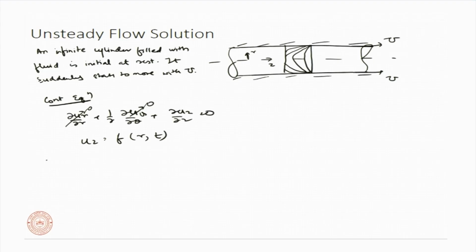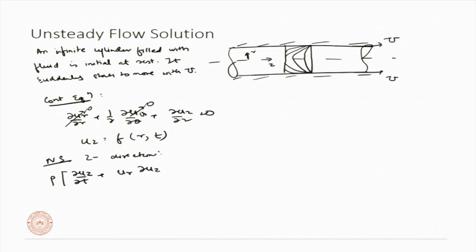Okay. Then we go to the NS equation along this z direction. Now, what do we get? So, along the z direction, you will have this rho del u z by del t. This term is required.